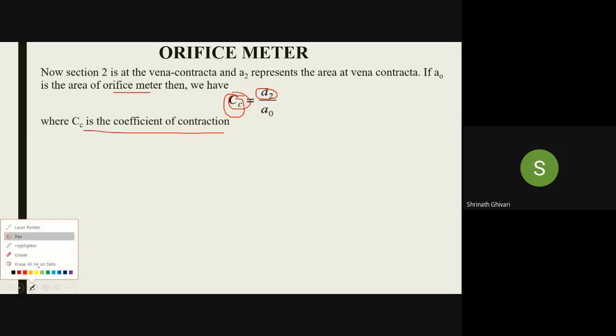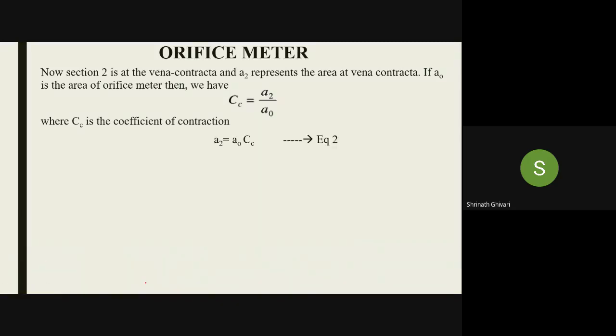This is one more term which you are getting. Like we discussed in the Venturi meter, there will be coefficient of discharge Cd. And here we are getting coefficient of contraction and one more term, the coefficient of velocity. Now A2 can be written as A0 into Cc, where A0 is the area of the orifice meter and Cc is the coefficient of contraction.